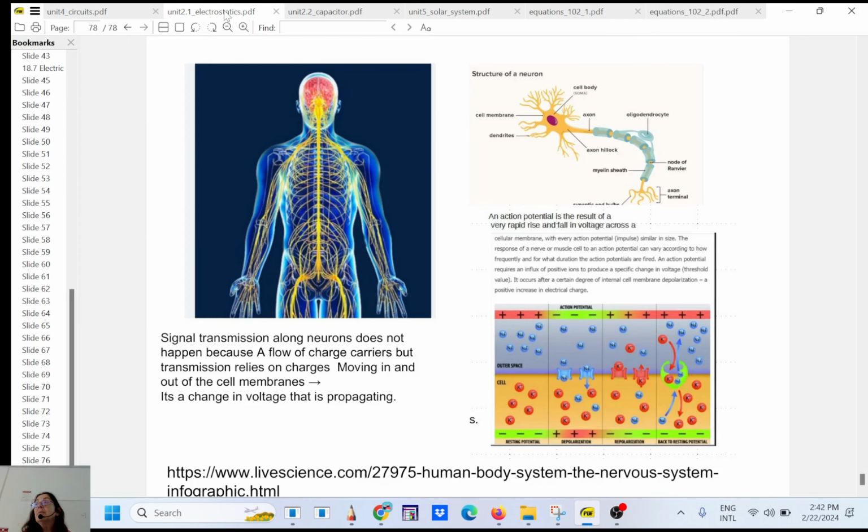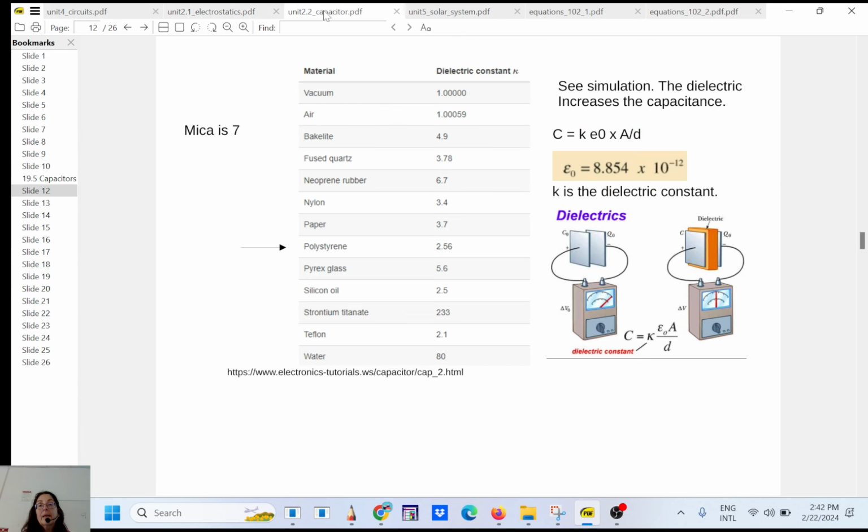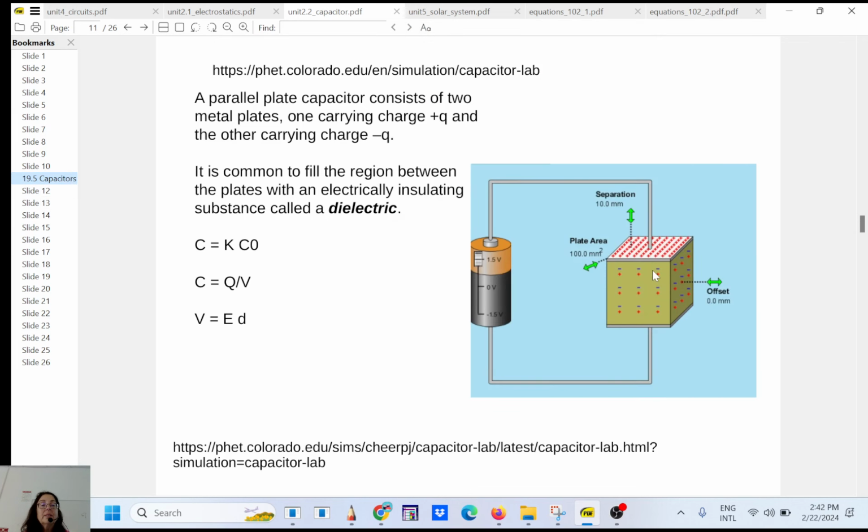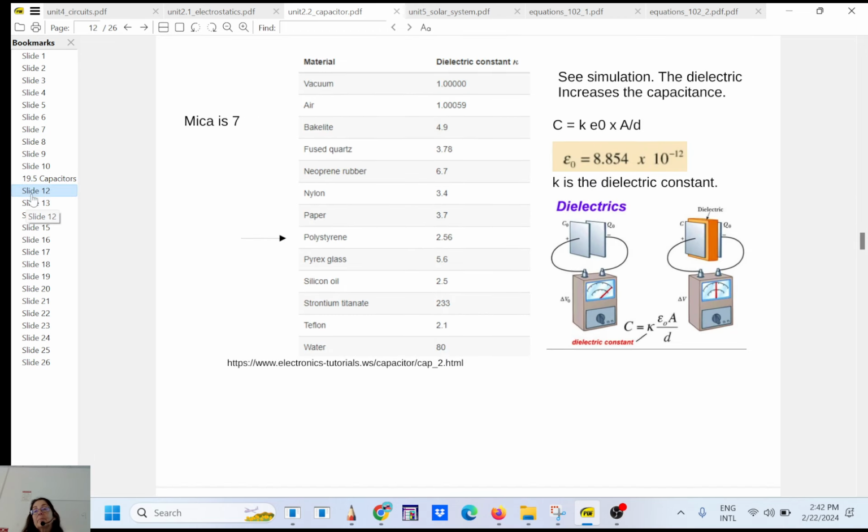Okay, is that clear? So the dielectric inside is going to be polarized, so you are able to attract more charges on the plate. Mica is 7. So they are more expensive capacitors and usually they are very small.